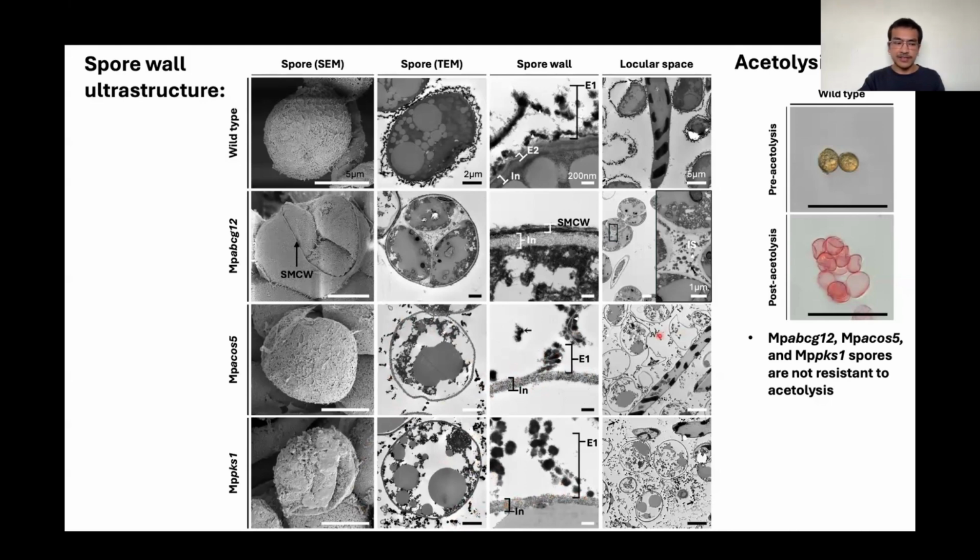And when we look at the locular space, we see that deposits of defective exine material are all around the locular space.